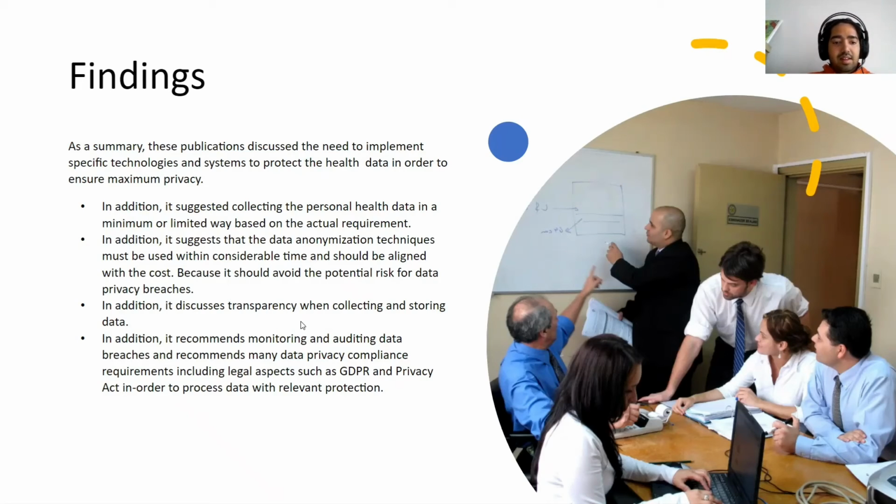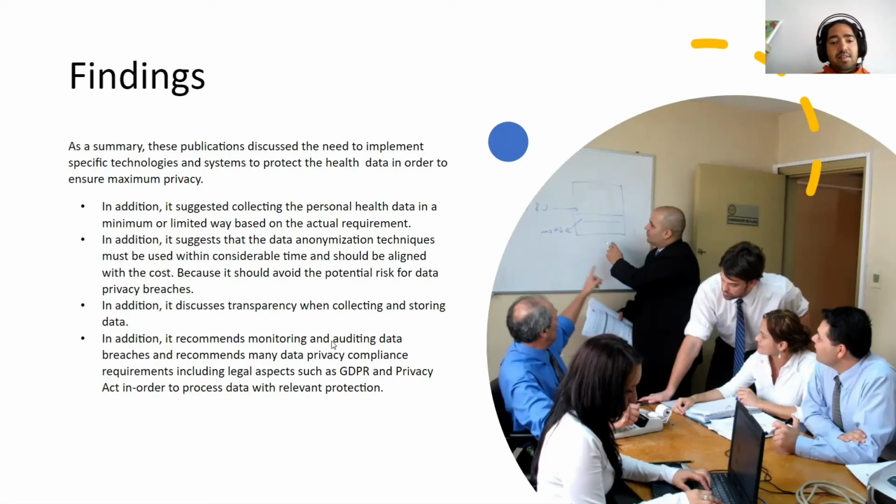And they mainly are concerned about transparency when collecting and storing data, because it should be properly documented how you manage data and how you store data, and only then does trust build up within the public as well as the organizations in handling data.